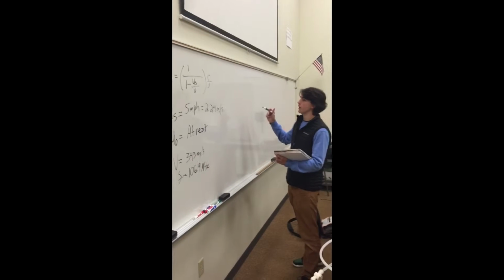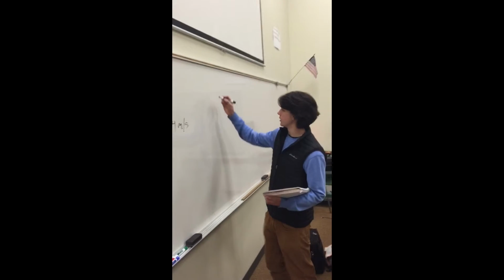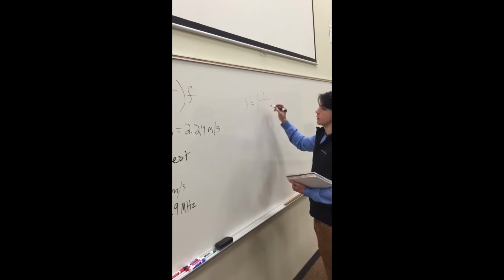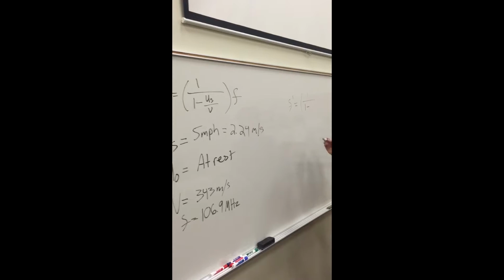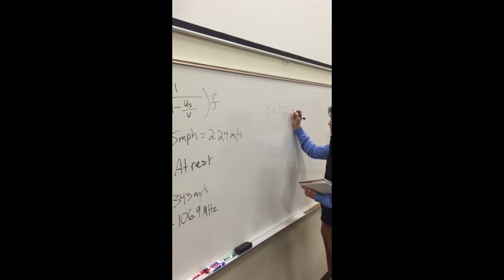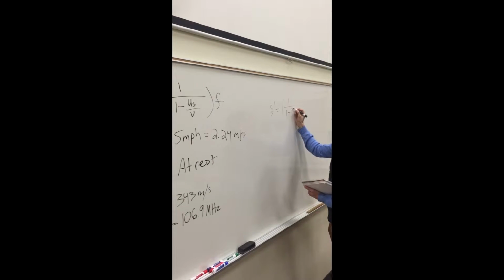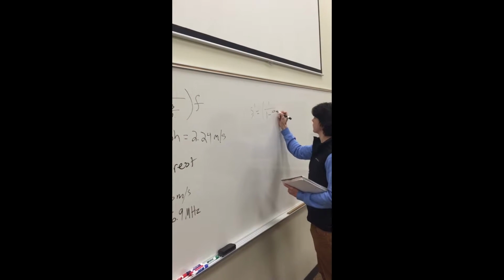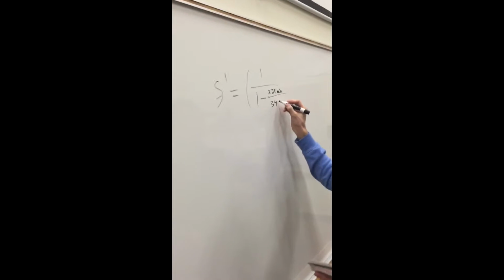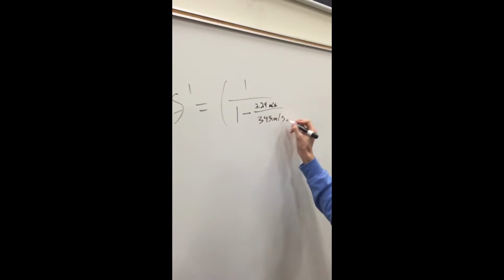All right, so we're trying to figure out the perceived frequency, which is F1. So if we plug into the equation, we realize it's going to be 1, and it's minus because the car was moving at Chris. So we got 2.24 meters per second over 343 meters per second.